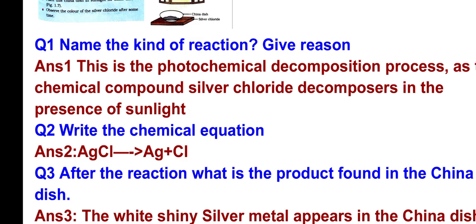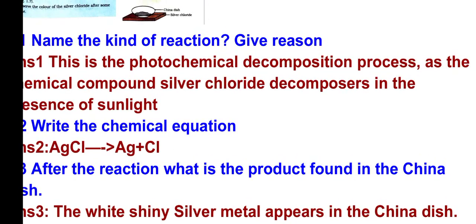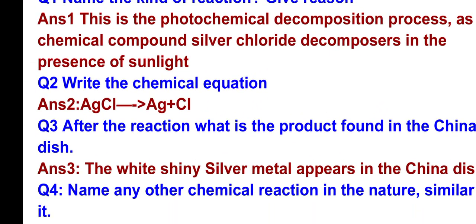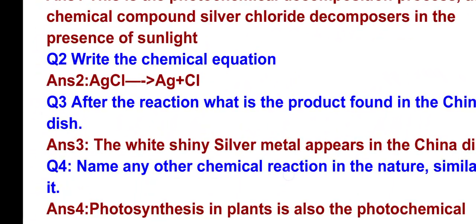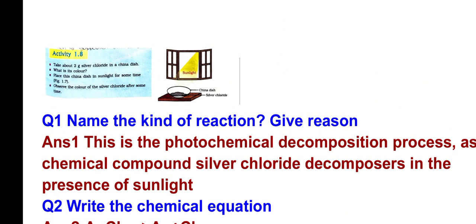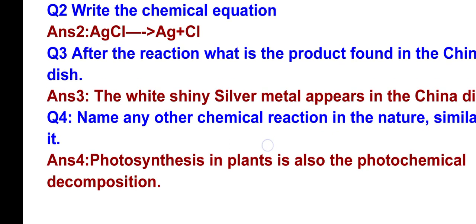This is a photochemical decomposition process, as the chemical compound, that is silver chloride, decomposes in the presence of sunlight into silver and chlorine. Now write the chemical equation. AgCl gives Ag plus Cl. Two products are formed, so it is decomposition. We need light, so the photochemical decomposition.